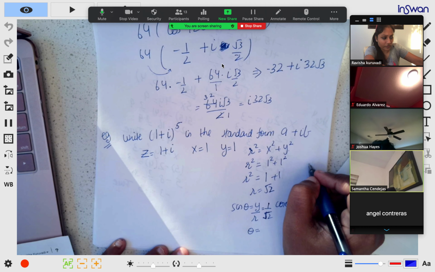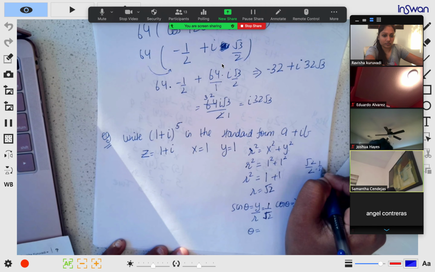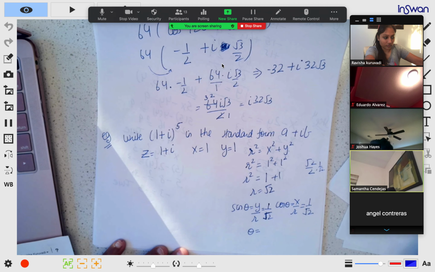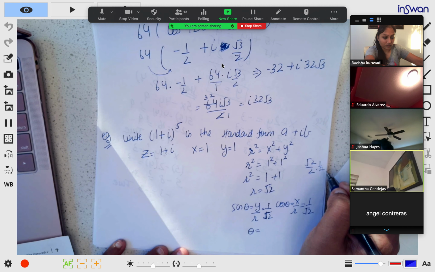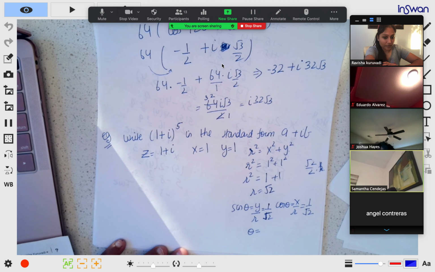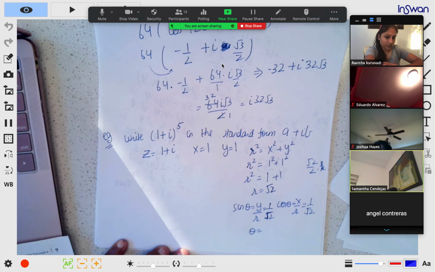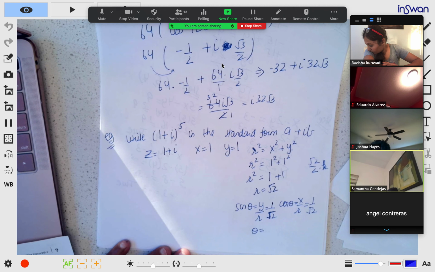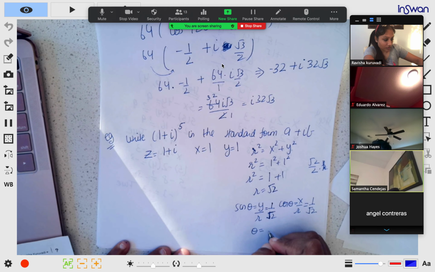Root 2 over 2 and 1 over root 2 are the same thing, so your x and y both should be root 2 over 2. Okay, so that's pi over what? 4.